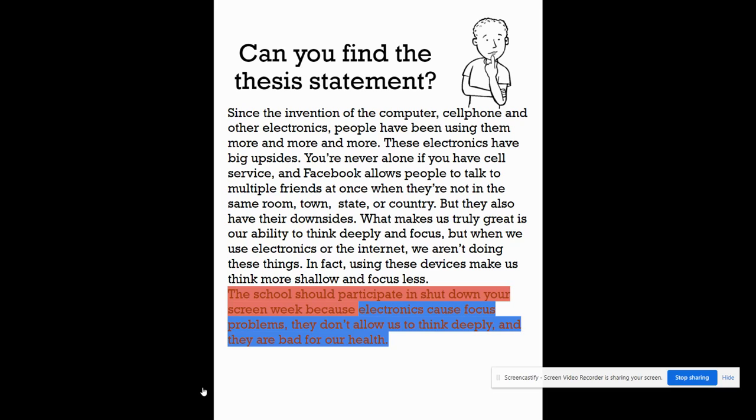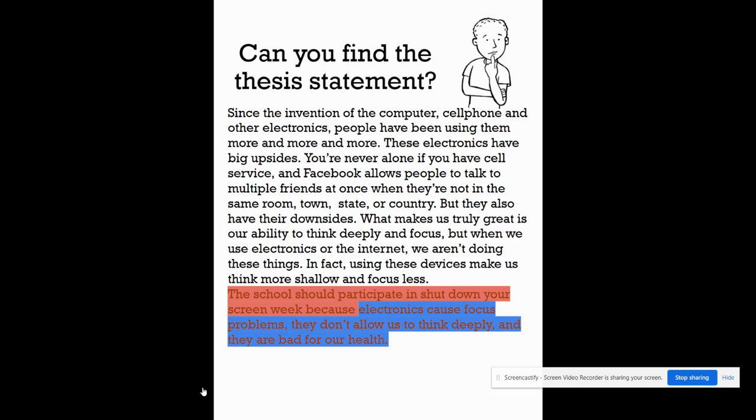What makes us truly great is our ability to think deeply and focus. But when we use electronics or the internet, we aren't doing these things. In fact, using these devices makes us think more shallowly and focus less. The school should participate in National Shut Down Your Screen Week because electronics cause focus problems.